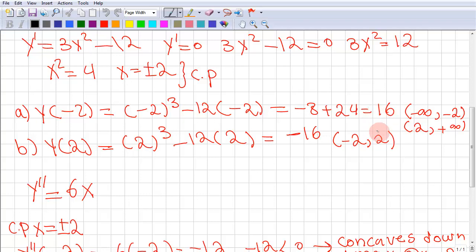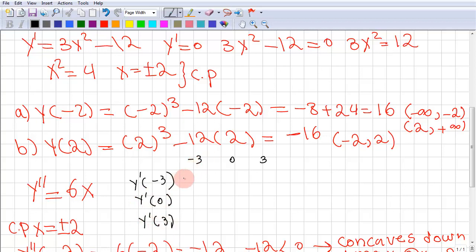So based on this question, we're going to use -3, 0, and 3 as our points. And we plug them into the first derivative. So it's y prime of -3, y prime of 0, and y prime of 3.